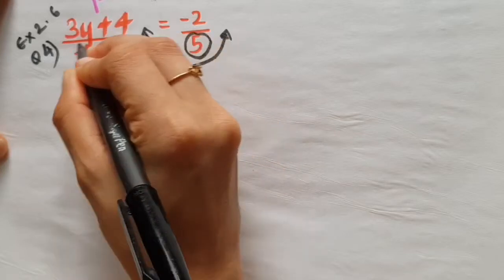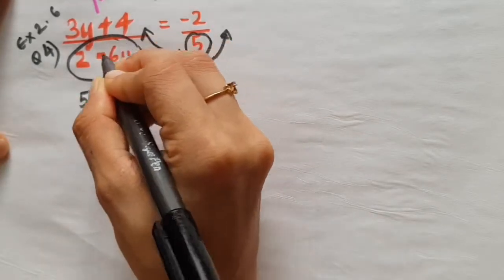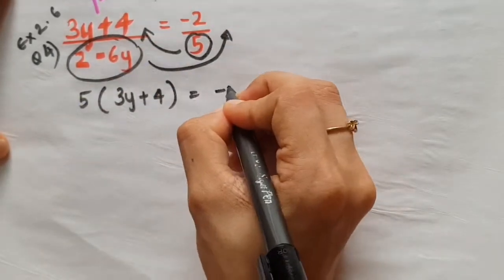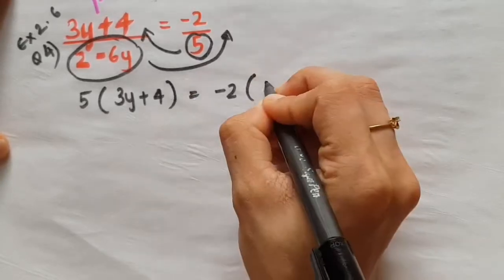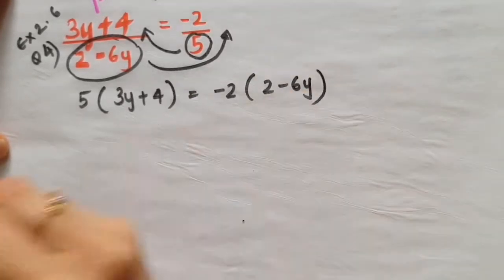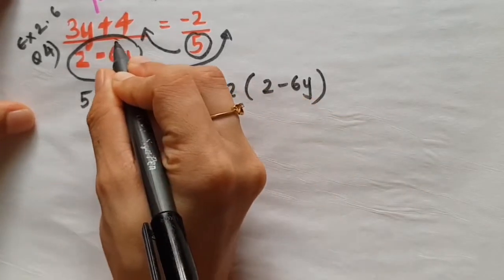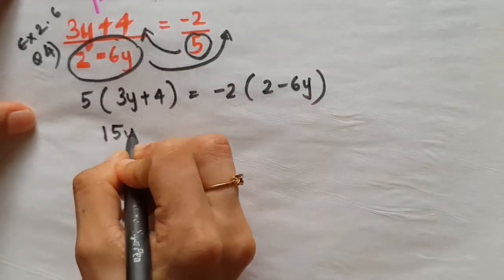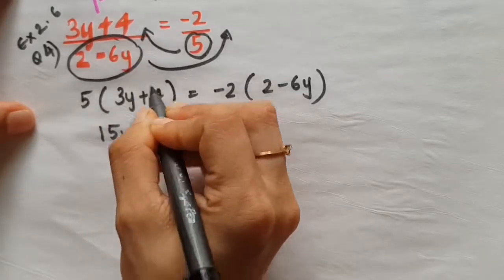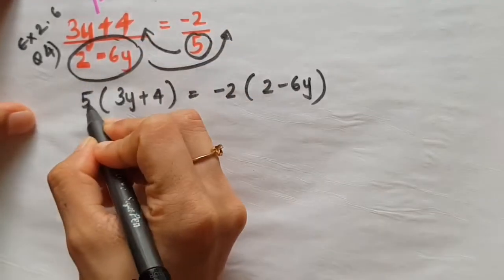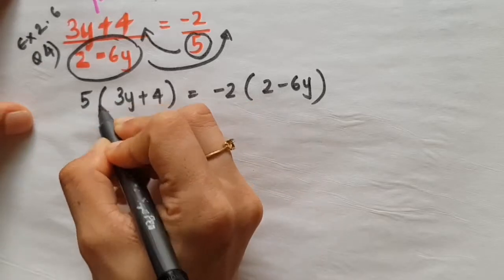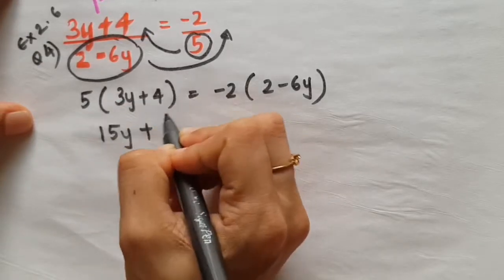Now we'll take this term divided by (2 minus 6y) to this side. So it will become, don't forget to put the bracket, (2 minus 6y). Now see, when multiplying, what they do is they'll take to the other side and write 15y, no problem for that, but they won't multiply the other term, the second term, with 5 because of not doing it with the bracket.